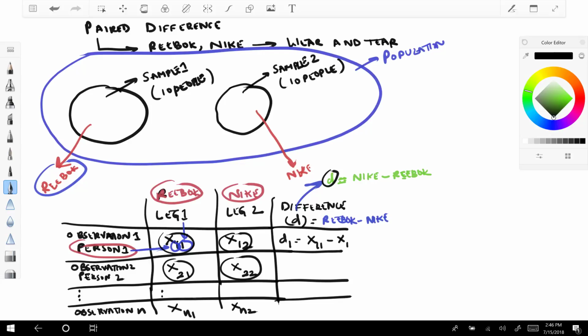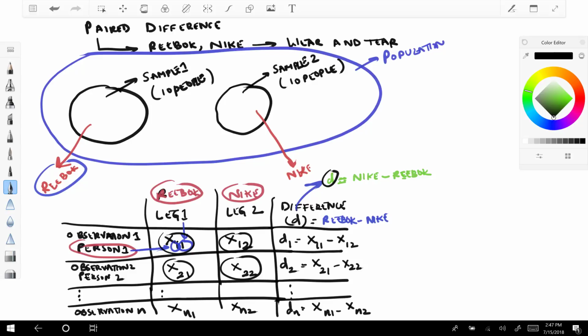So d2 would be x21 minus x22. dn would be xn1 minus xn2.